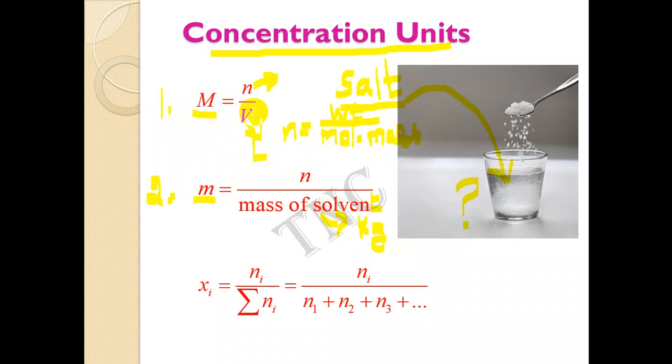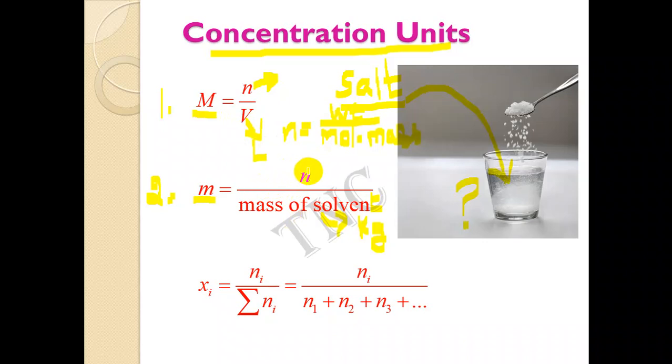In molarity, we have volume as the denominator, whereas in molality, we have mass in the denominator. Volume depends on the temperature. When you change the temperature, volume may increase or decrease. But mass is independent.